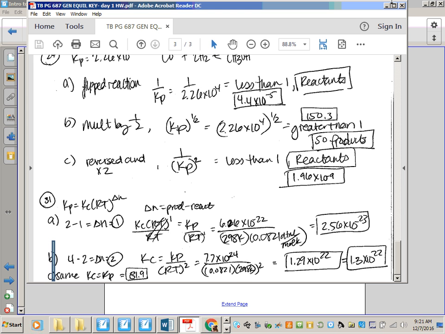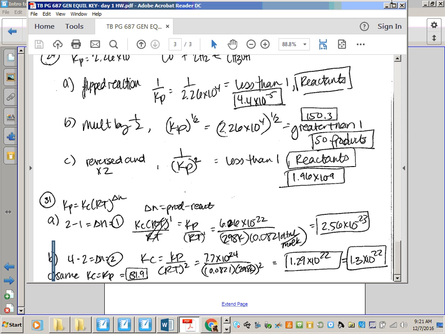Sorry, you're dividing, so you solve for Kc using your formula. Is it just that you want to check your work, or you were confused on how to do this one? Right, so just remember the P and the C. And then you guys can check for that one in the back of the book as well.